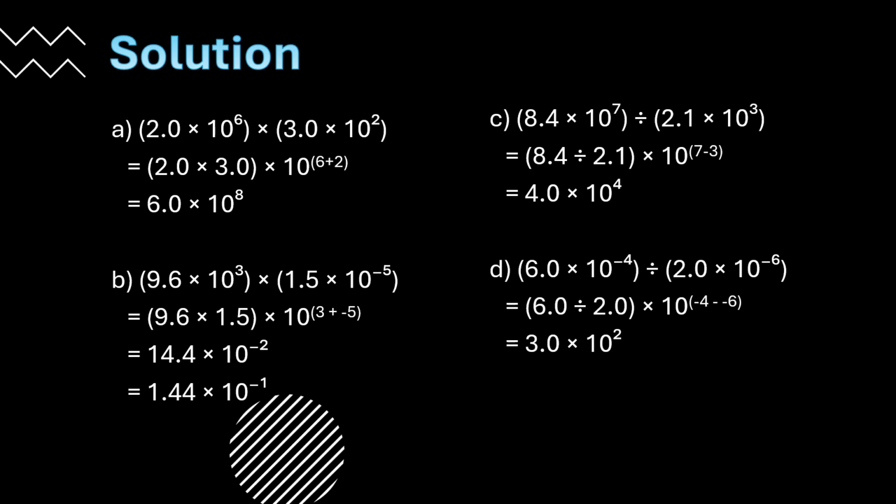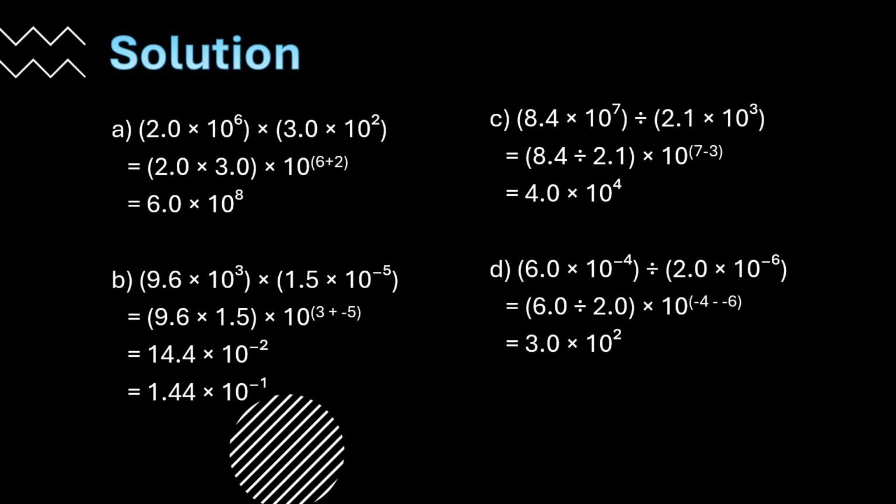So we're going to move the decimal point again from its original position to the left. So we arrive at 1.44, and also we're going to change negative 2 into negative 1. Okay, I hope that is understood.